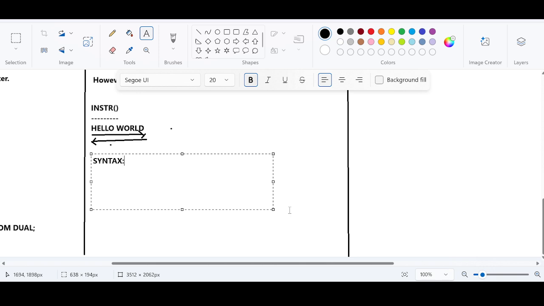The InStr function accepts the first string, the second string, the starting position of the character, and the occurrence position of the character.